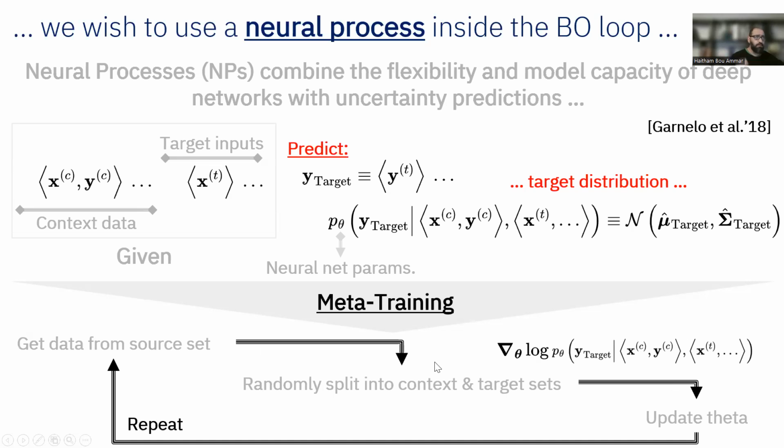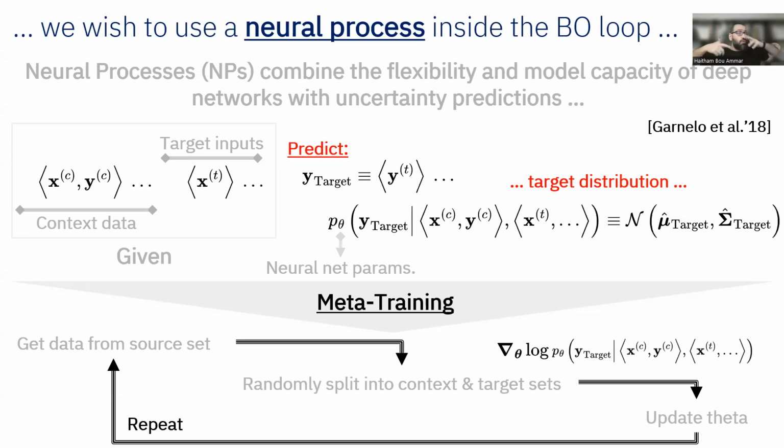So what's really happening is that I just get a data set. After I get this data set, I'm going to split that data set into a context data set in which I know the target values, and a target data set whereby I don't know the Y target values.